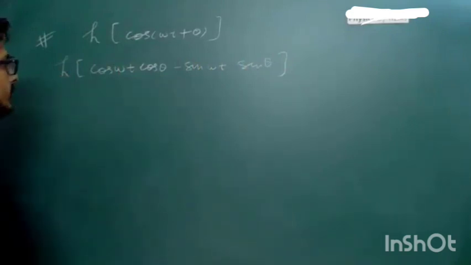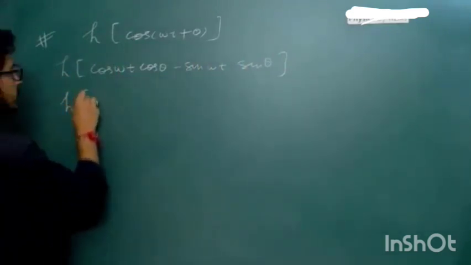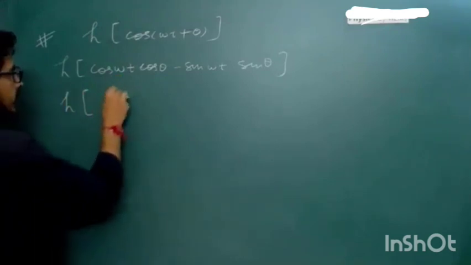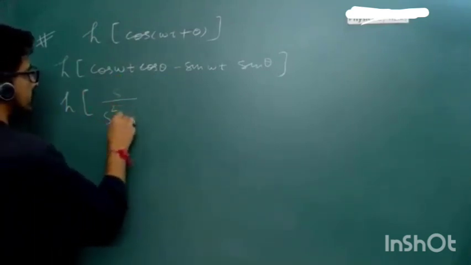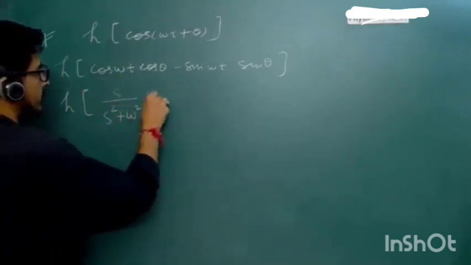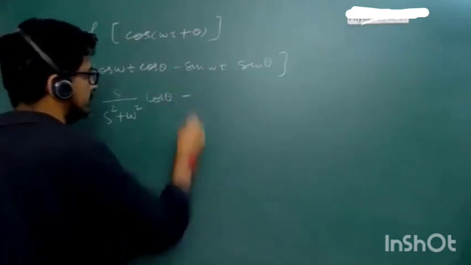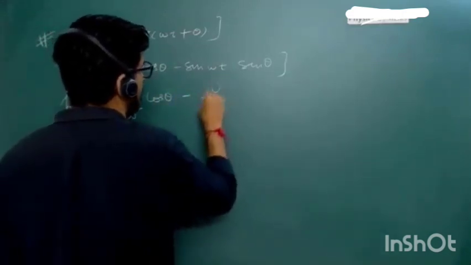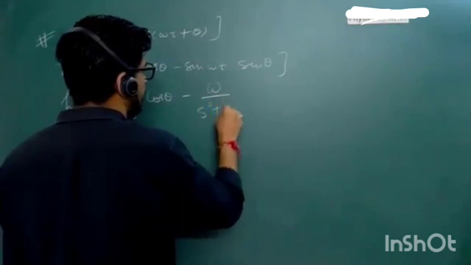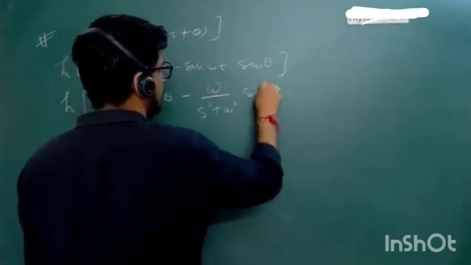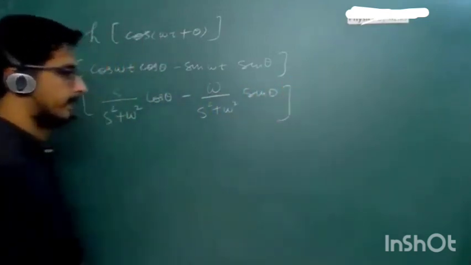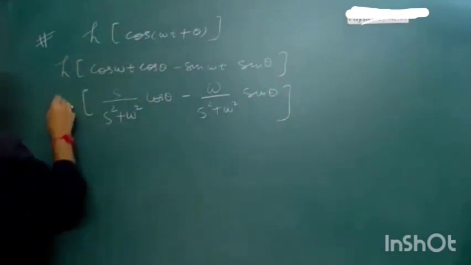Laplace of cos omega t will be s by s square plus omega square, times cos theta, minus sine omega t, which will be omega by s square plus omega square, times sine theta. So this will be the Laplace of this, correct?